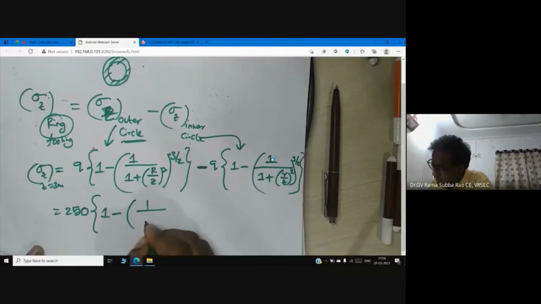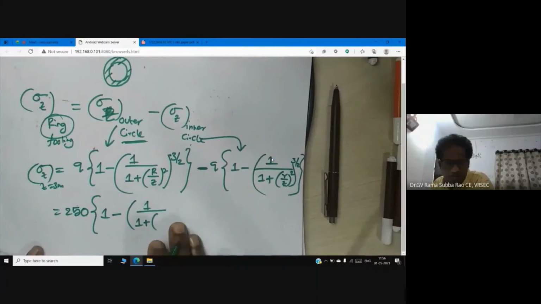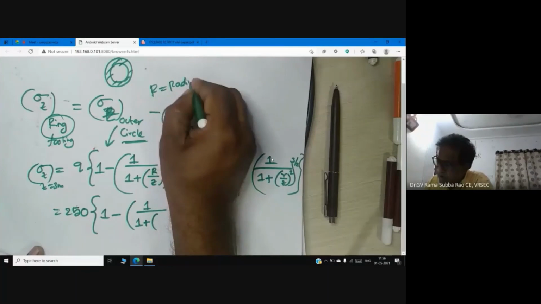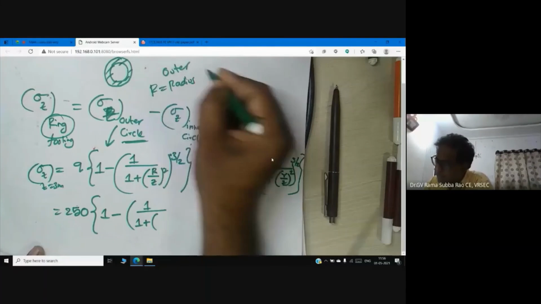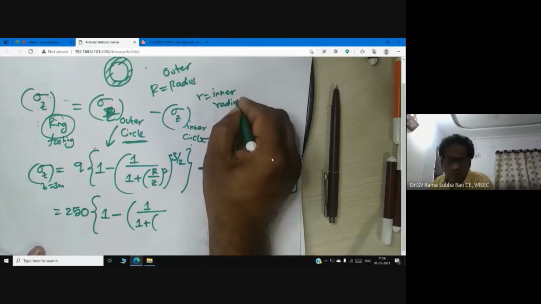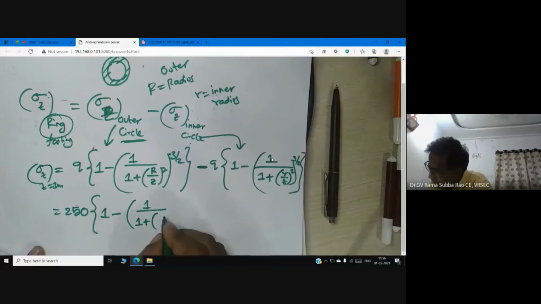Now 1 by 1 plus R. Capital R is there. What is the capital R? Capital R is given. See please, why I am writing R is the outer radius, where small r is the inner radius. I will write it without any doubt. So now capital R is 3, the reason being 6 by 2. That is 3.